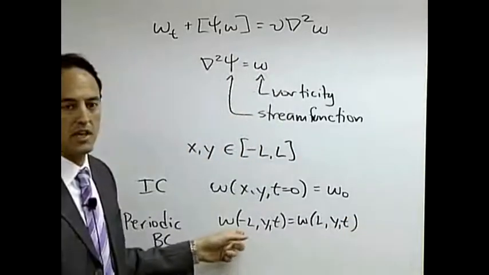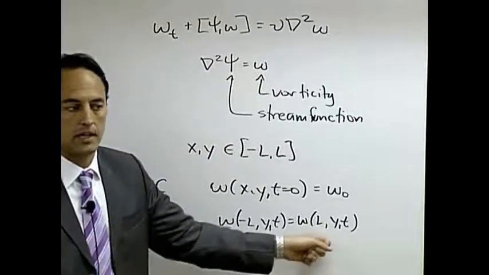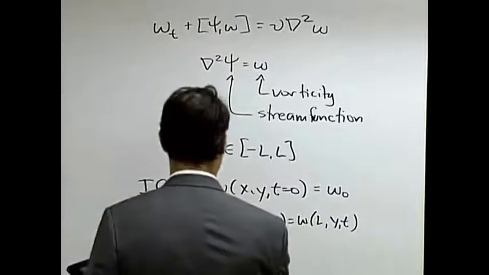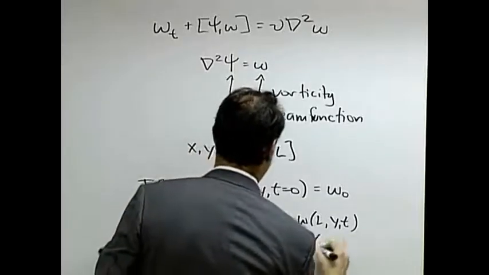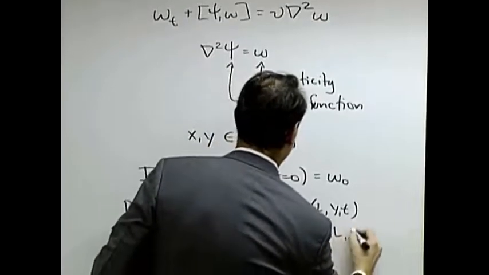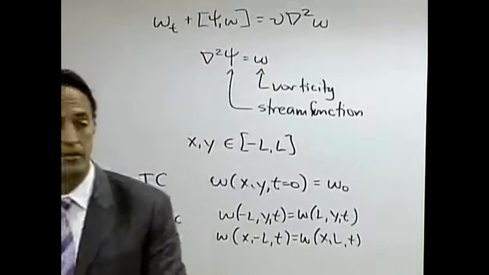The vorticity at negative L is the same as the vorticity at L in x. And then same thing in y. And let me tell you why we might do this. And same thing, by the way, for psi. We're going to get the same periodic boundaries for psi.